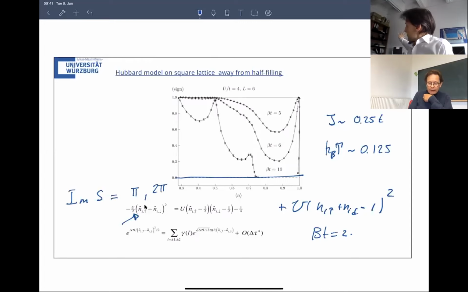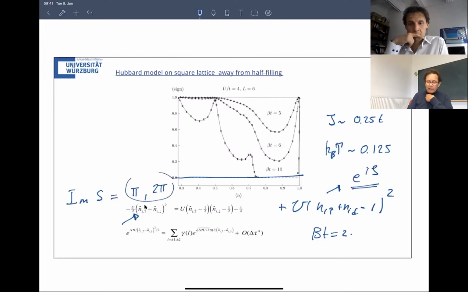So the imaginary part of the action is fixed to a phase, minus 1 or 1. You have many more fluctuations, and it turns out, that's heuristics, it turns out that it's much harder to control this, and you have a much worse sign problem. And if you're able to fix the imaginary part of the sign to pi or 2 pi, right? So you can.